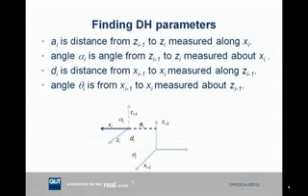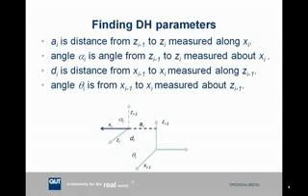So once you've drawn your diagram and labeled all your axes according to this set of rules, you need to find the values of these 4 DH parameters for each reference frame. The a subscript i parameter is the distance from the previous z-axis to the current z-axis, zi-1 to zi, measured in the xi direction.